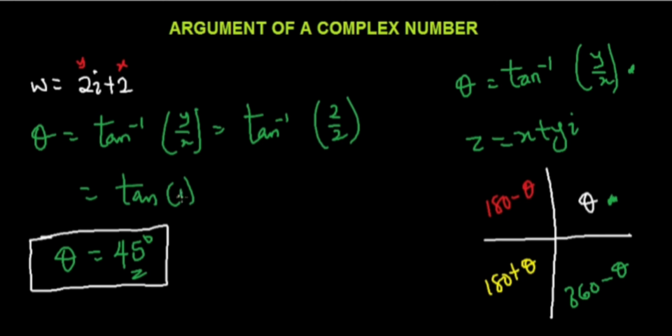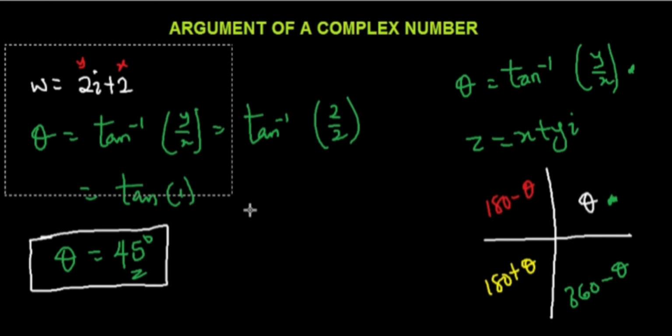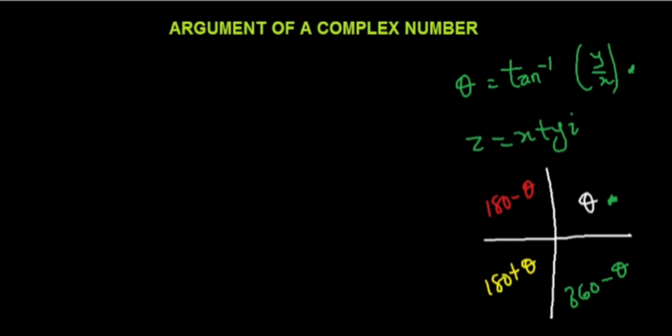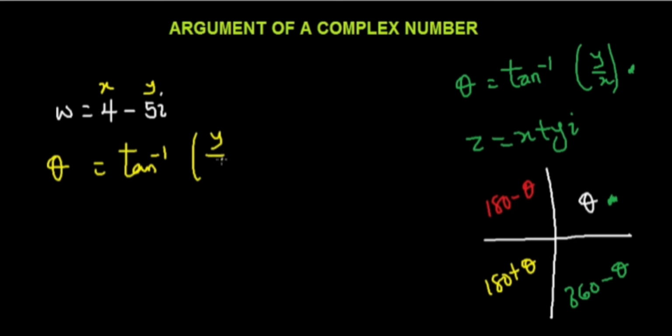Suppose you are given another question like this: the argument of w equals 4 minus 5i. Here, this is my x, this is my y. So my argument theta is arctan of y over x.